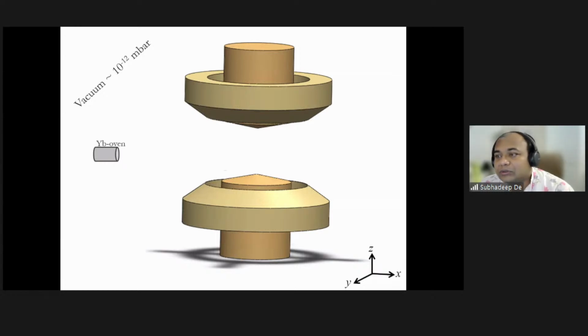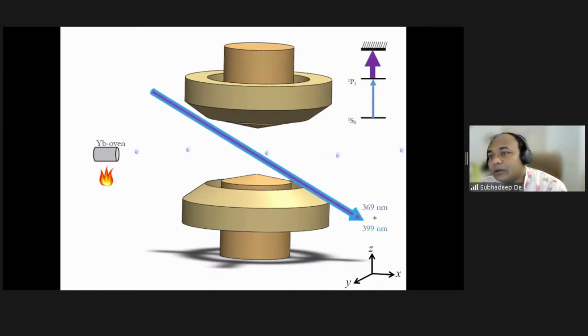And due to this diffusion process, ytterbium atoms will slowly start coming out of the oven. But these are neutral ytterbium atoms. They are not ionized. So the first thing is you have to produce singly charged ytterbium ions from these neutral atoms, and that is done by a photoionization process.